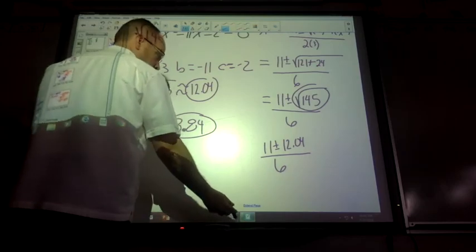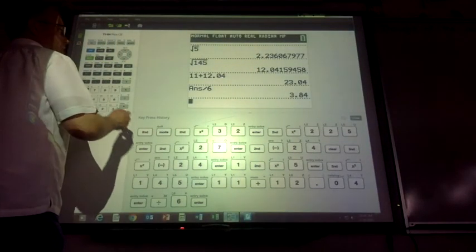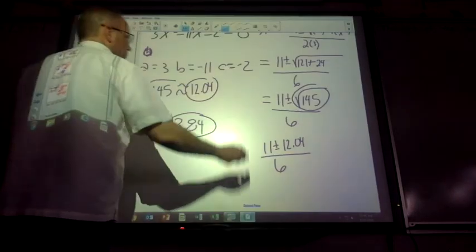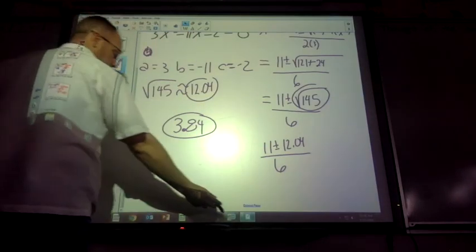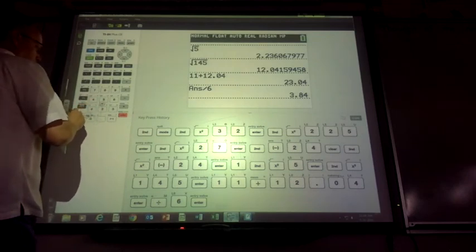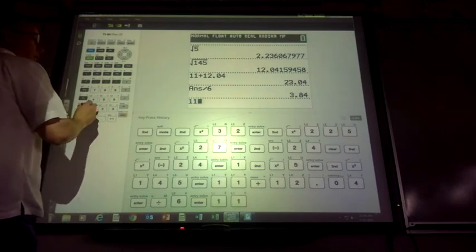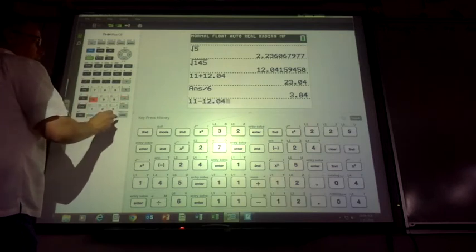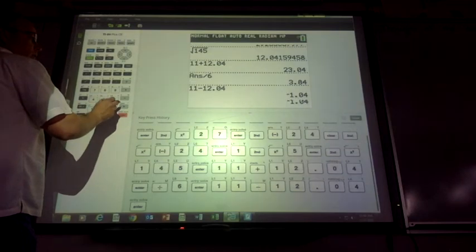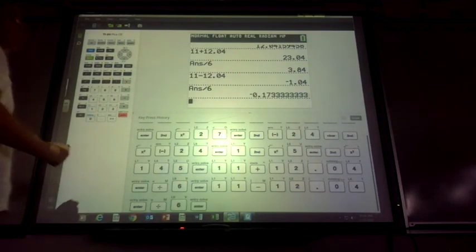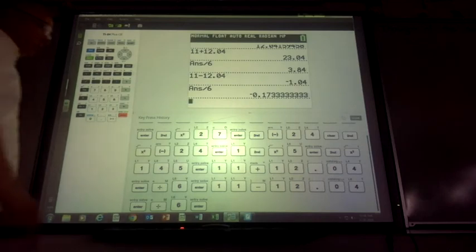And then 11 minus 12.04, divided by 6. So negative 0.17.